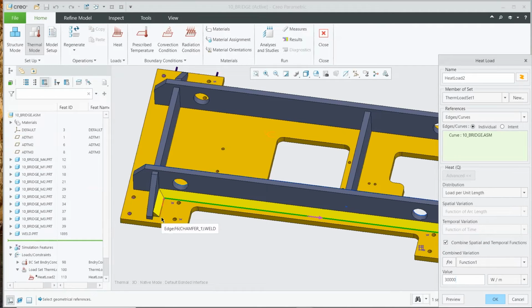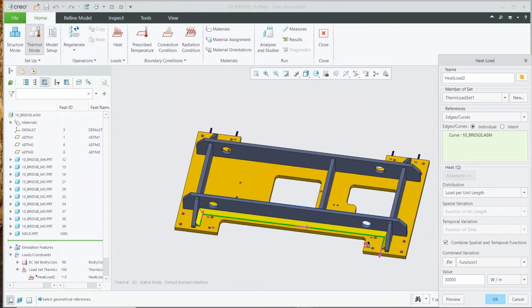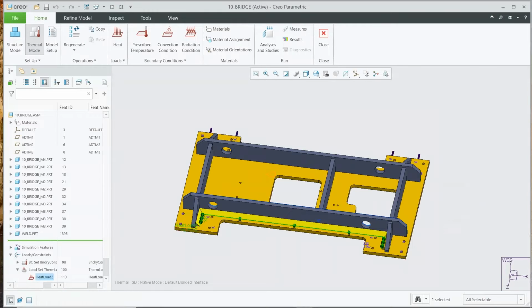So it's going to start here, move along this curve, and come out the backside over here. So this is how we're going to simulate the welding process: that weld, as it's creating the bead, is going to move along here, go along this edge, and then come back out. We're going to see that happening, and we're going to get to see the temperature changes as it moves over that. So let's go to our analysis.